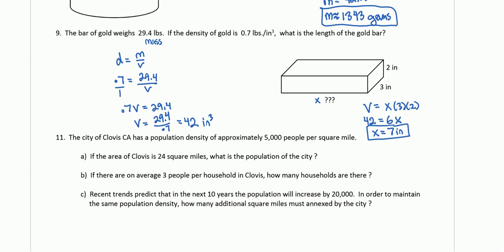11 deals with population density, which uses a very similar form. It's not exactly mass and volume, but let's take a look here. The city of Clovis has a population density of approximately 5,000 people per square mile.